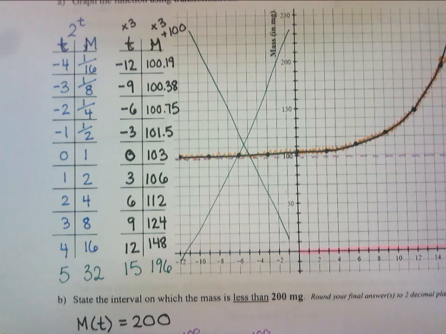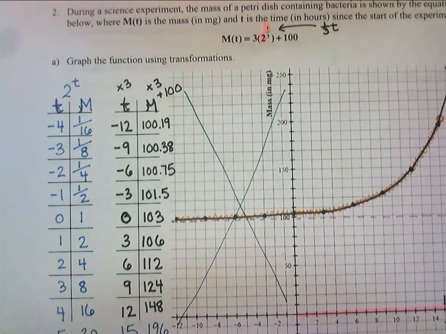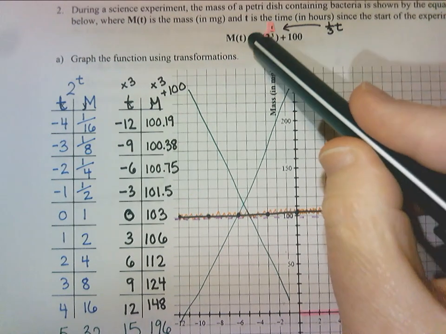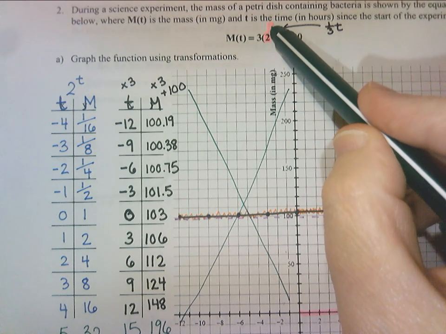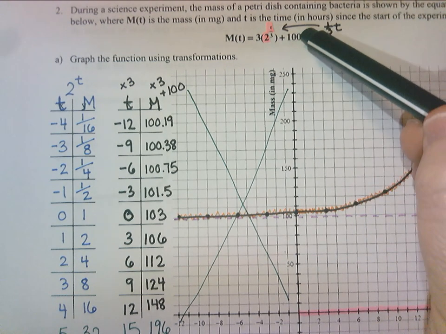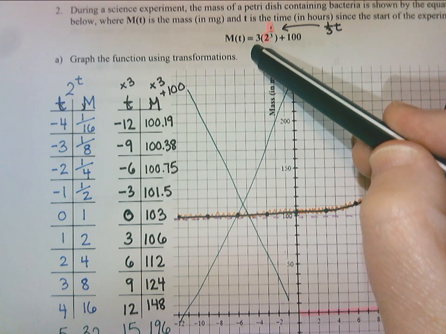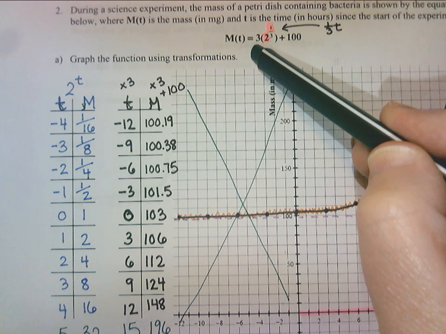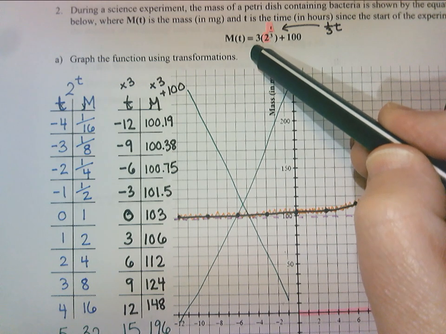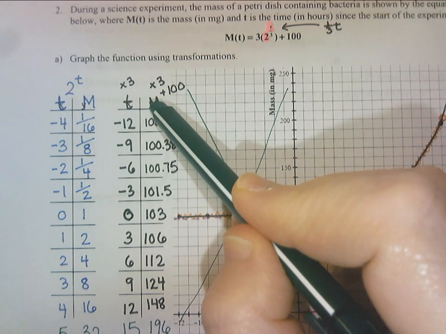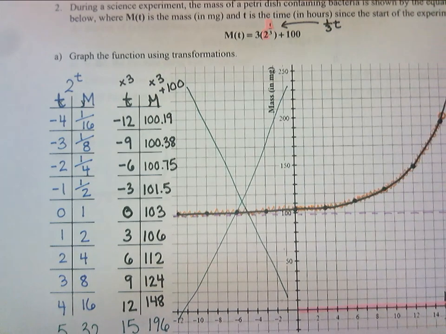All right, for the transformations, there's a 3, there's a 3 in the denominator, and then we have 100. The 3 in front is in the A position, so that is a vertical stretch of 3. Vertical is y, or in this case m, so I took the m and multiplied it by 3.